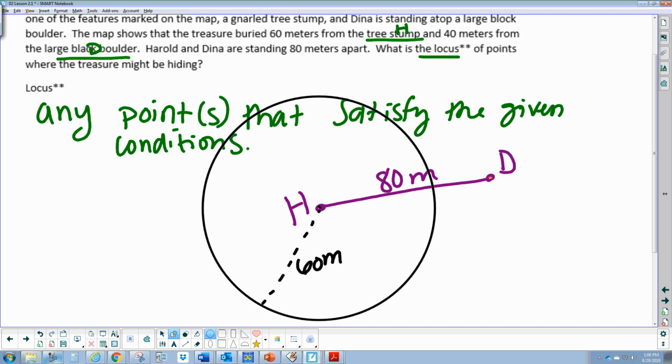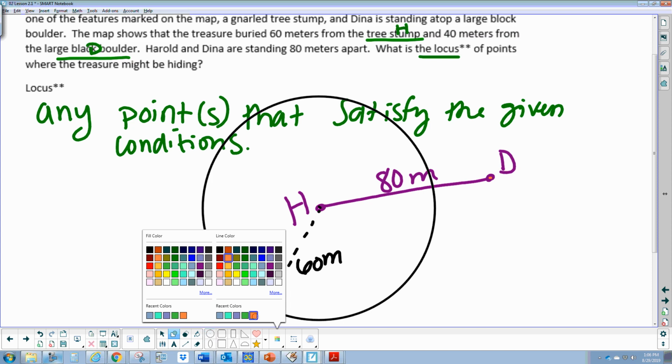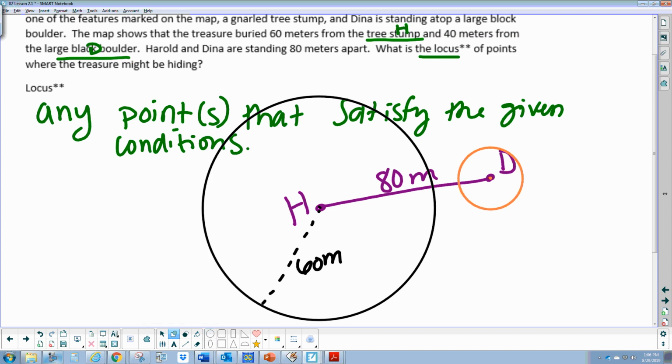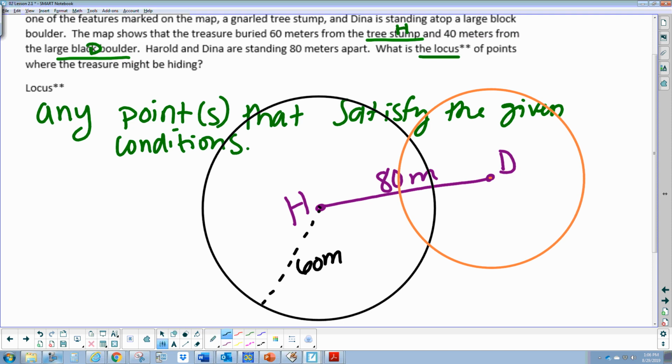So I'm going to draw a circle, and I'm going to make the radius, instead of 60 meters, 40 meters. So now on the orange line, I can see everything that's 40 meters away from Dinah, and everything that's 60 meters away from Harold is shown on the black line.